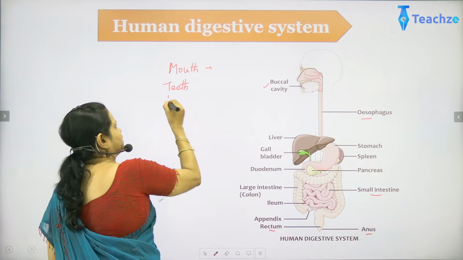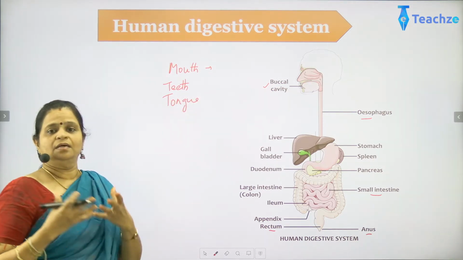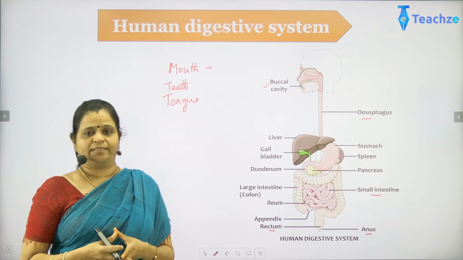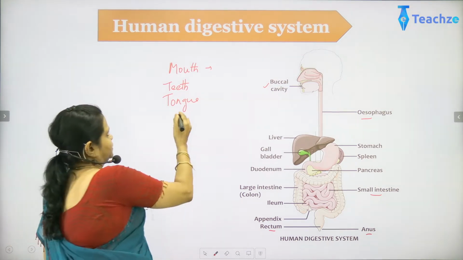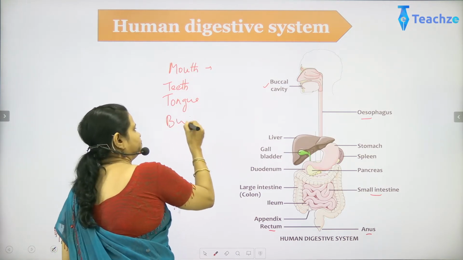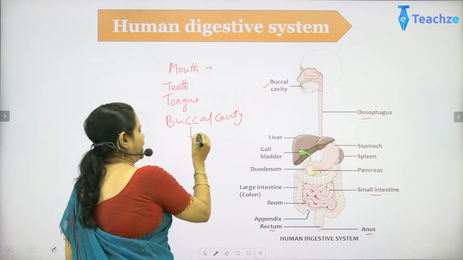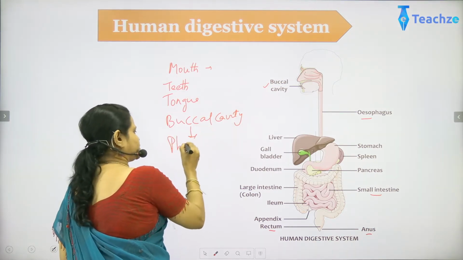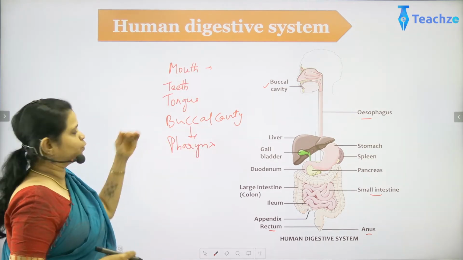Then we have the tongue, which is a muscular organ with various characteristics by which it is used for many purposes. Then we will look at a common point, that is the buccal cavity, which enters into the pharynx, a common point. All these will be touched upon before the buccal cavity.